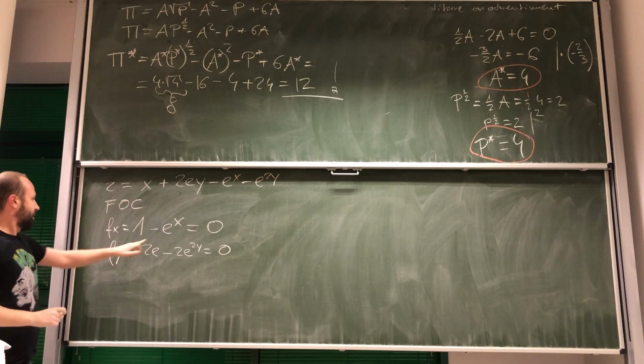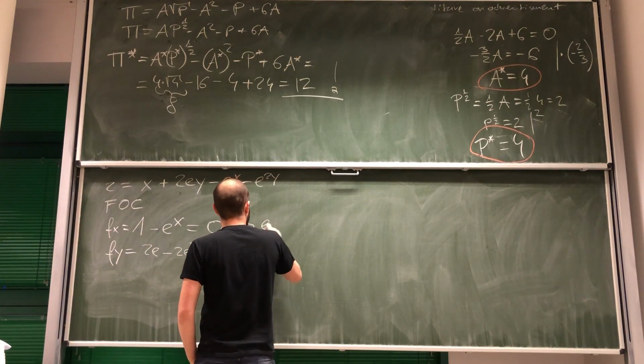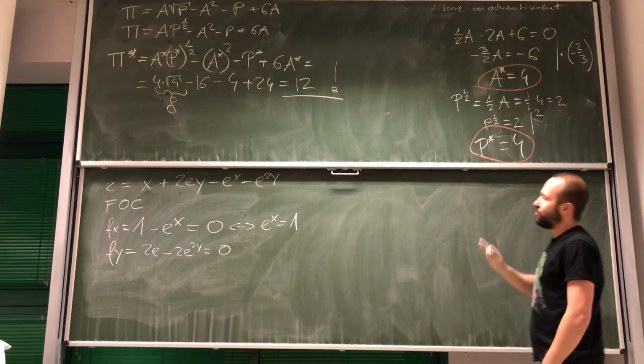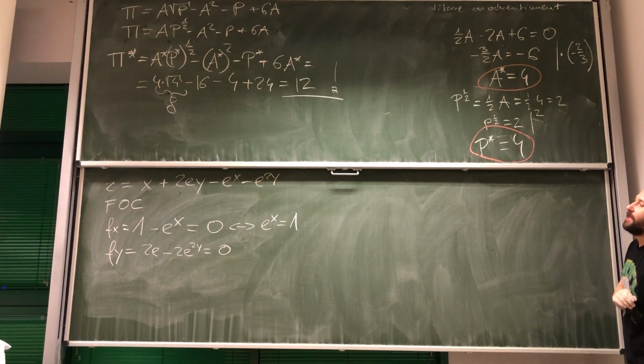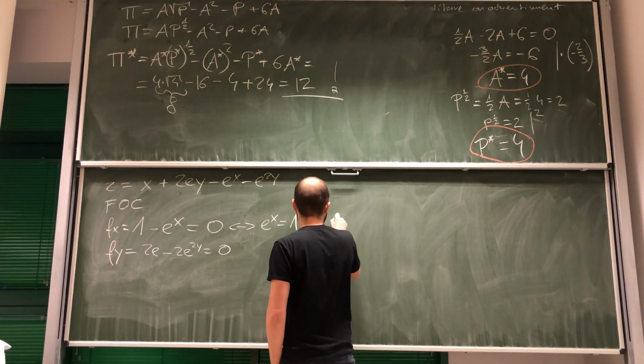And now look, out of this we get that e to the power of x equals 1. To which power do I need to take e in order to get 1? Of course, to the power of 0.